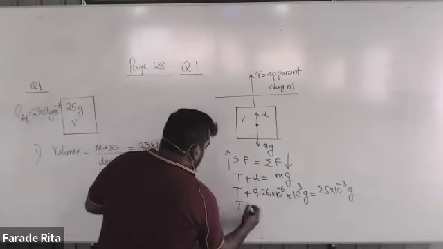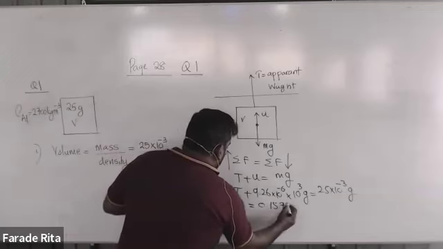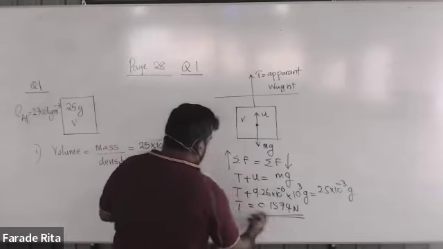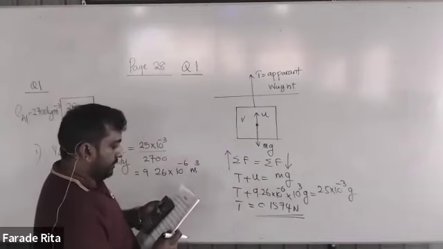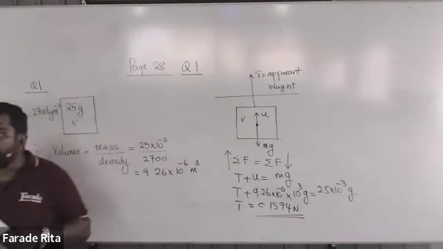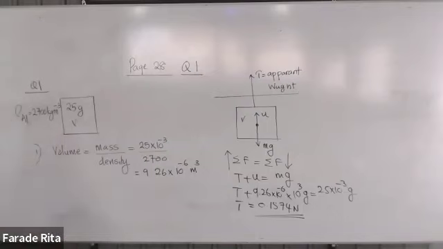Tension is 0.1574 Newton. They are asking tension, no? Hope you have got this. So direct application. That's question number one.